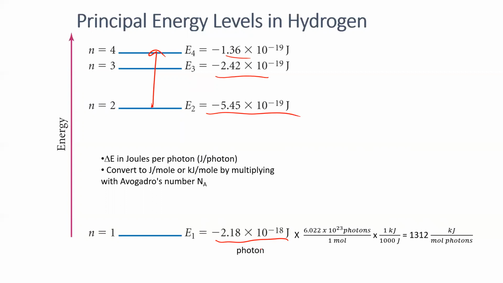And then, of course, there's 6.02 times 10 to the 23rd photons per 1 mole. And I can convert joules to kilojoules, and I get 1312 kilojoules per mole of electrons. That's the amount of energy required to remove a mole of electrons from hydrogen. Later, when we learn ionization energy, you will see this value on an ionization energy table.